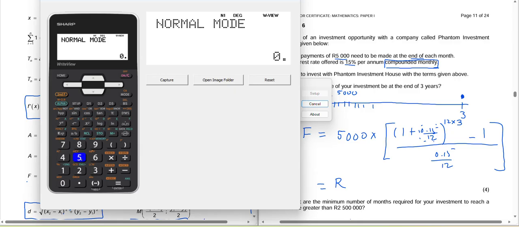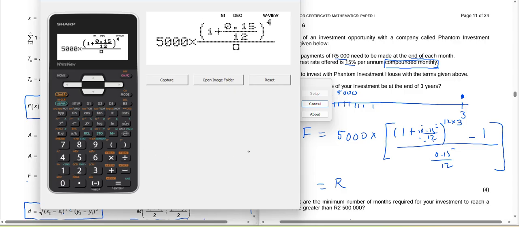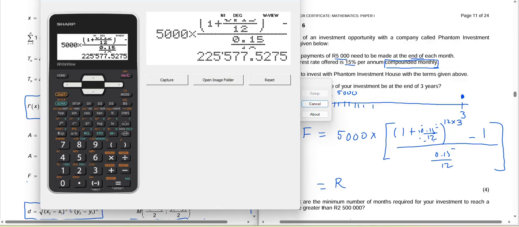The value of investment is 5,000 times, we open a bracket, and here we say 1 plus 0.15 divided by 12, close the bracket, raised to the power 12 times 3, which is 36, and then minus 1, and then we divide by 0.15 divided by 12. So which is 225.